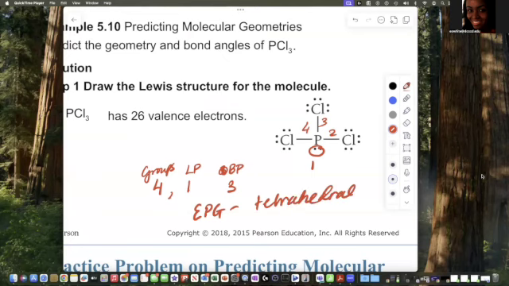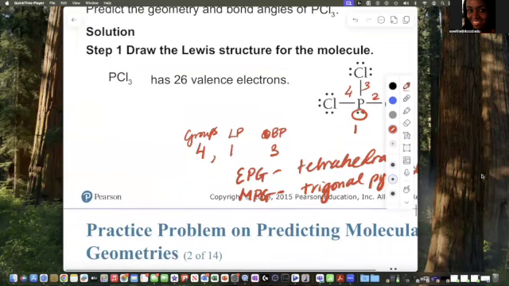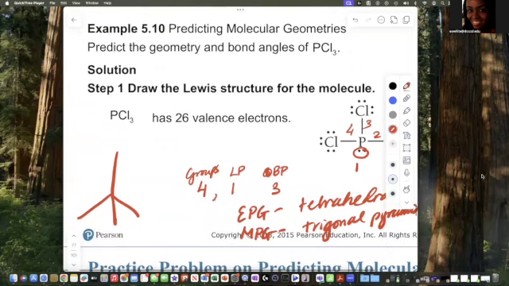But since one of the groups is a lone pair and not a bond, this is the molecular geometry. This will be trigonal pyramidal, okay? So remember I told you guys this is a chicken foot like that? It would be like if you didn't call this a chicken foot, or if it was a chicken foot, it would be a broken chicken foot, right?